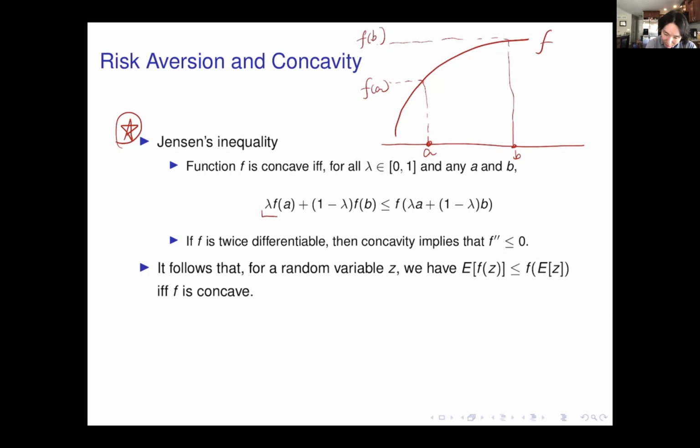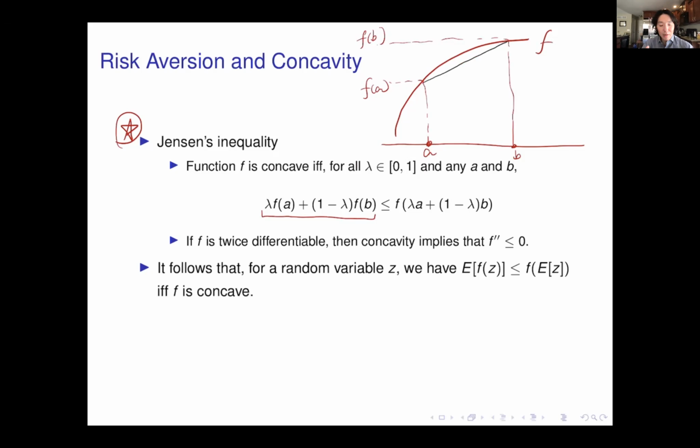Now, what is on the left-hand side is what is called a linear combination. Linear combination between f(a) and f(b). That is a straight line between f(a) and f(b). Okay.